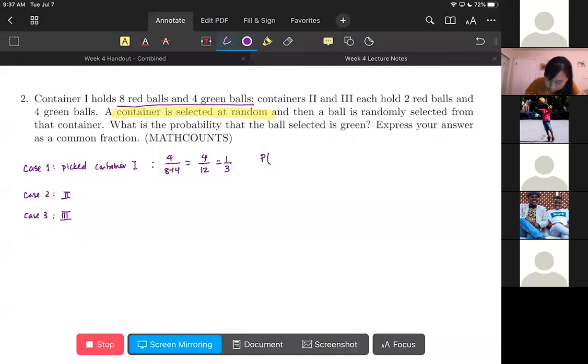The probability that we pick container 1 and select a green ball. So first, it's the probability we pick container 1 times the 1 out of 3 probability to select a green ball.